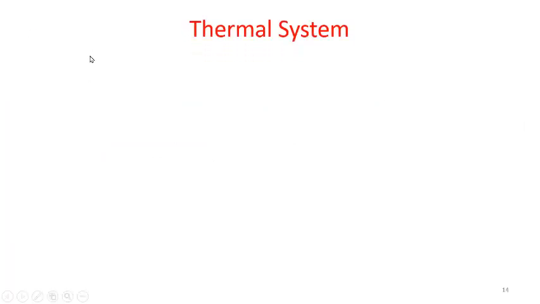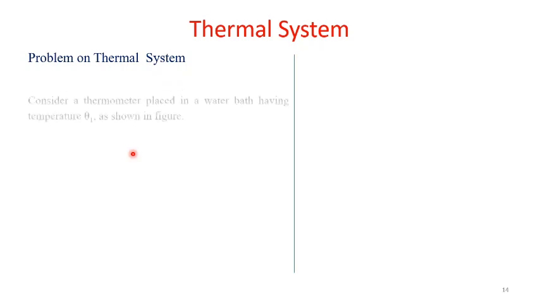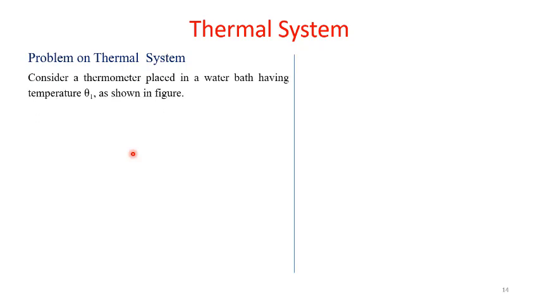Next, we'll study about the thermal system. Here we are considering a problem on a thermal system. The problem states as follows. Consider a thermometer placed in a water bath having temperature θi as shown in the figure.